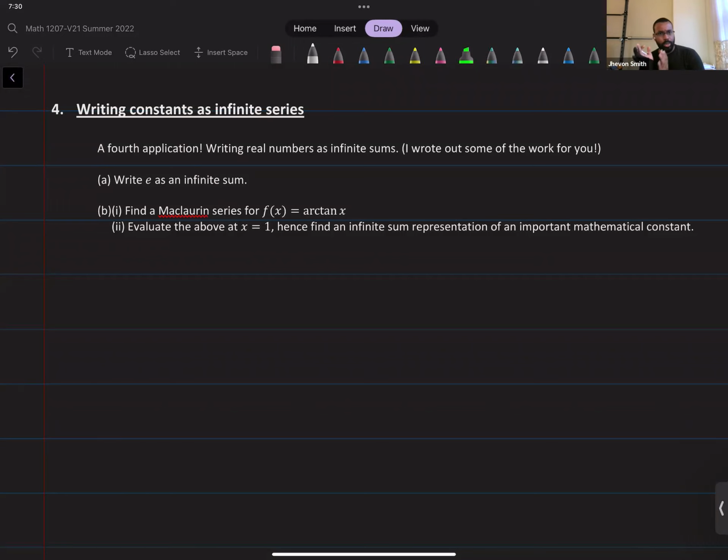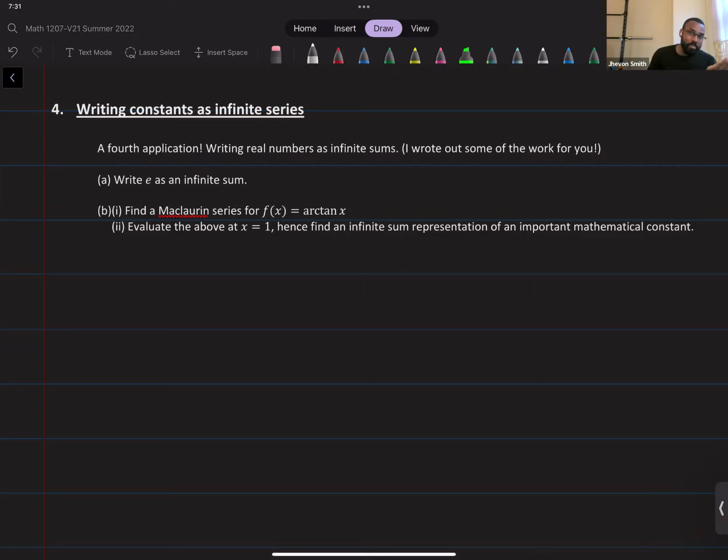And part B is going to be a very good example to know because it's also leading into application type 6. But for e, I'm just going to do this one. For example, I could write e as an infinite sum, right?